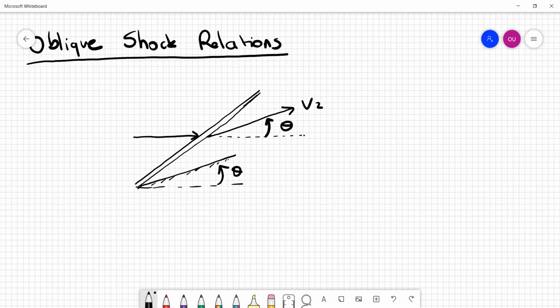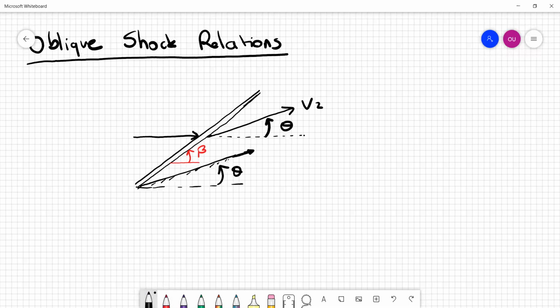The flow has to follow the surface geometry, at least under nominal conditions. If it's following the surface geometry, it has to be parallel to the surface, sitting at an angle theta. Now, the shock wave angle, on the other hand, is not equal to theta. The shock wave is sitting at a different angle, and this angle, as we defined it before, is beta.